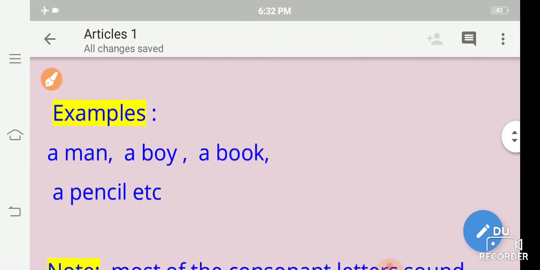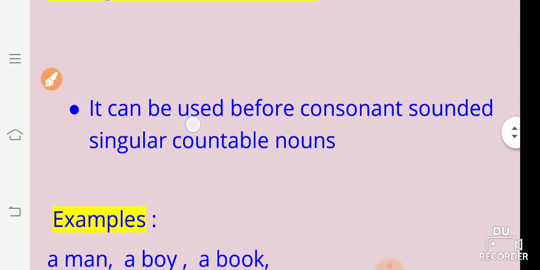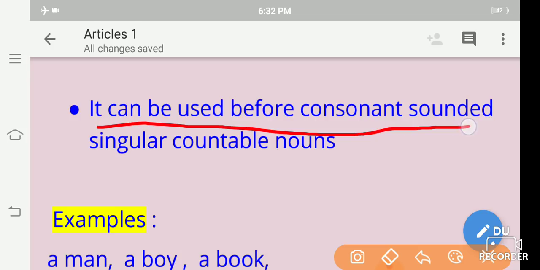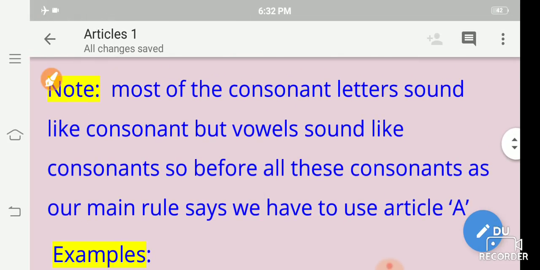Let me revise the main rule and sub rule once again. The main rule says it can be used before consonant sounded singular countable nouns. And what is the sub rule? The sub rule says there are some vowels which will be sounded as consonants. There we must be careful. For that, I gave you examples here, with one sub note. Most of the consonant letters sound like consonants. This is the common truth we know. What is the exception?